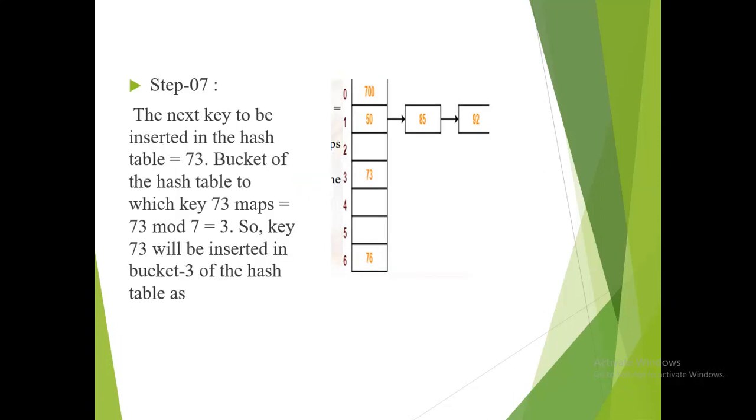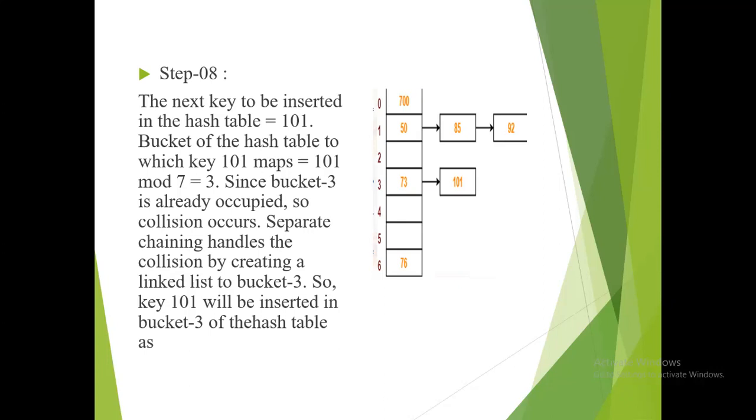Next, the key to be inserted in the hash table is 73. The bucket to which key 73 maps is 73 mod 7 equal to 3. So the key will be inserted in bucket 3 of the hash table.